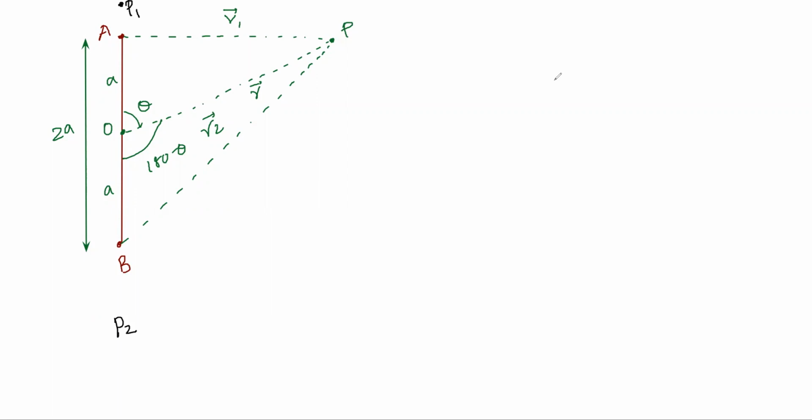So let me draw a line. Equatorial line means take the dipole exactly to the center of it, draw a perpendicular line. So any point on this line is our equatorial point. You call this P3.